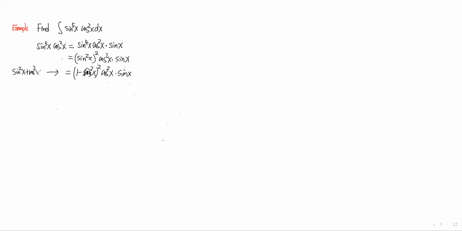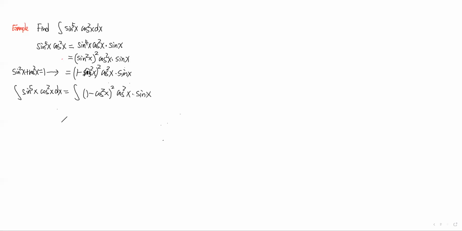So we have sine to the power 5 x cosine squared x dx equals (1 minus cosine squared x) squared, cosine squared x, sine x.